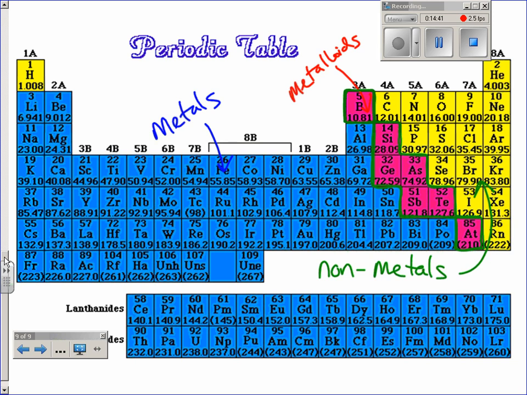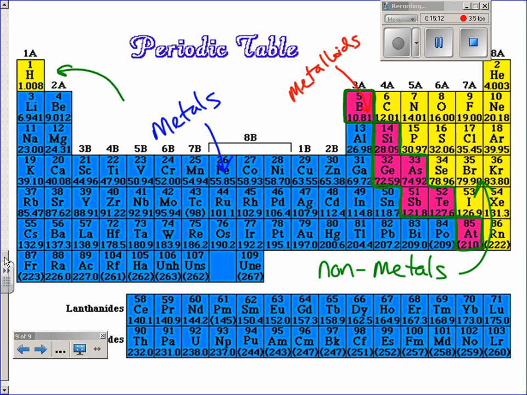Now, what good will that do? Well, that will obviously tell you which ones are metalloids, but also it will show you that everything to the left of that category is metals, with the exception of hydrogen up in the corner, the only non-metal on the left side of the metalloids. So we have the one little lonely non-metal on the left side of the table.